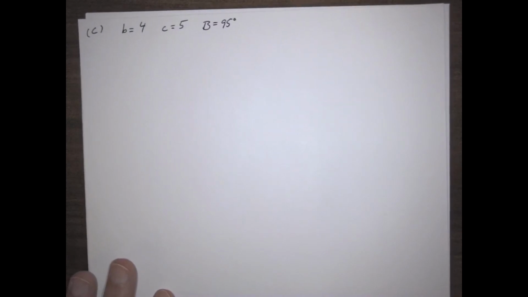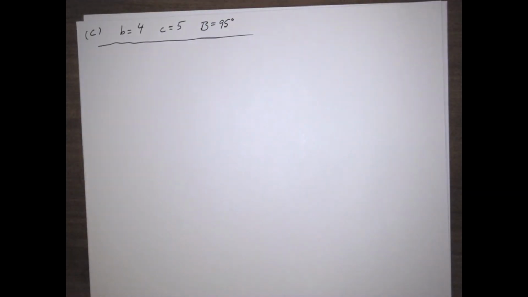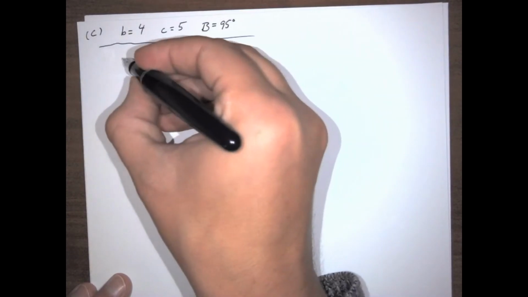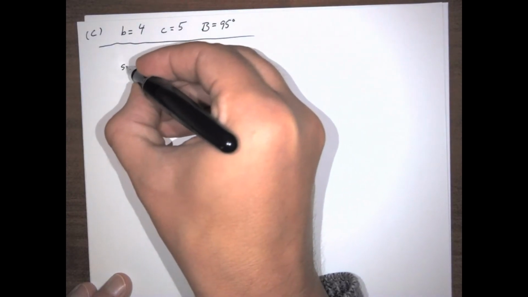Now, right now, I'm already suspicious about this because B is more than 90 degrees, so it has to be the biggest angle. It can't have another angle bigger than it. And yet side b is not the biggest side. This shouldn't work, but we'll just let the math speak for itself.